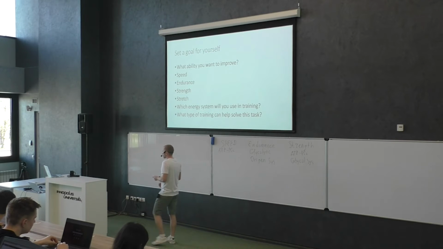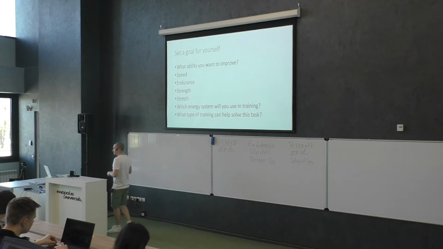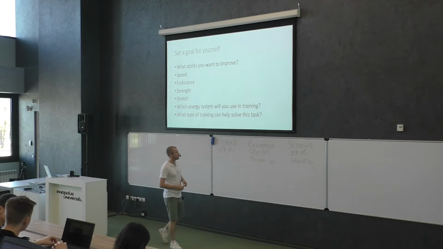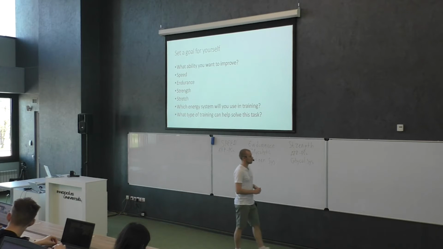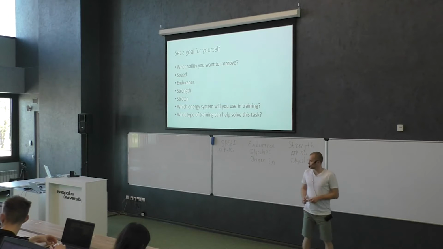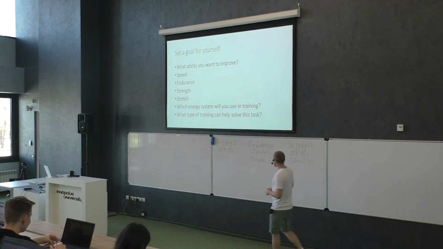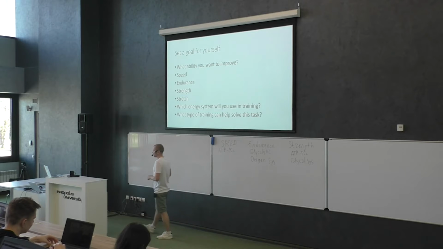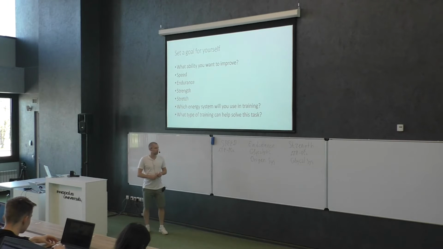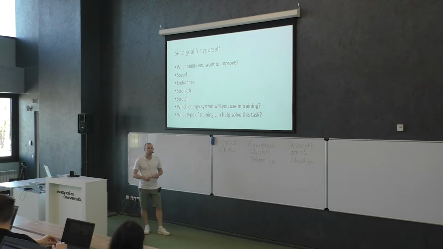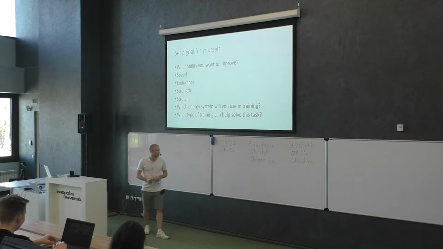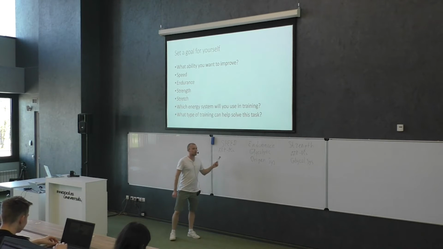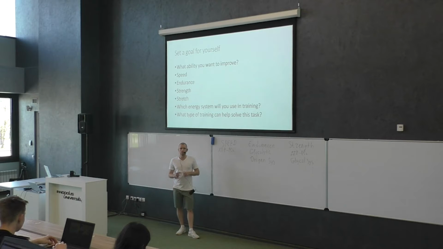Okay, after answering this question, we need to answer what type of training can help us to solve this problem. For example, you want to improve your 100-meter speed in this ATP-PCR system.